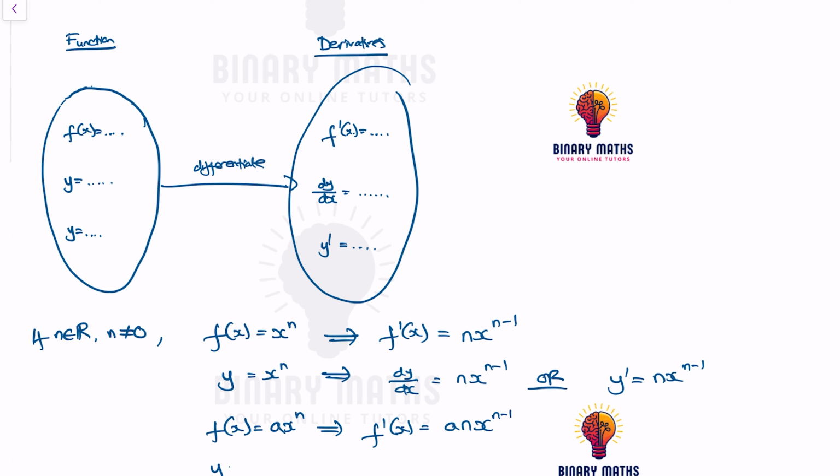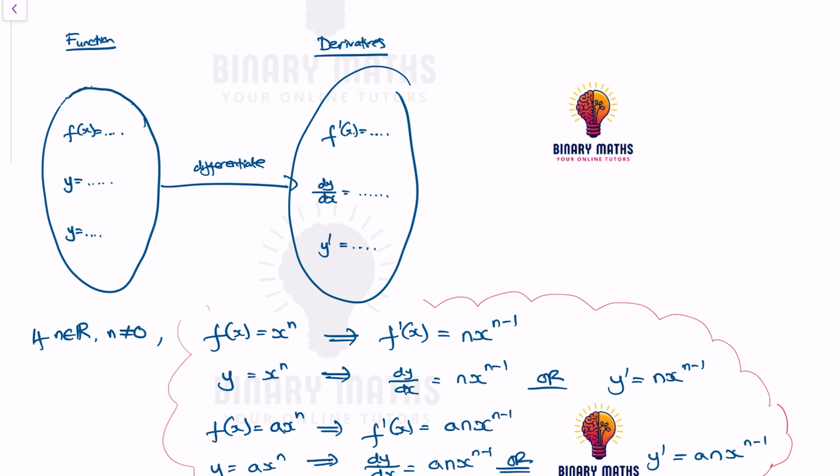Similarly, if y is equal to ax to the power of n, then dy dx will be a lots of nx to the power of n minus 1, or y dash is equal to a n x to the power of n minus 1. So these are the rules that you need to remember in order to differentiate using the rules. We're no longer differentiating using first principles.